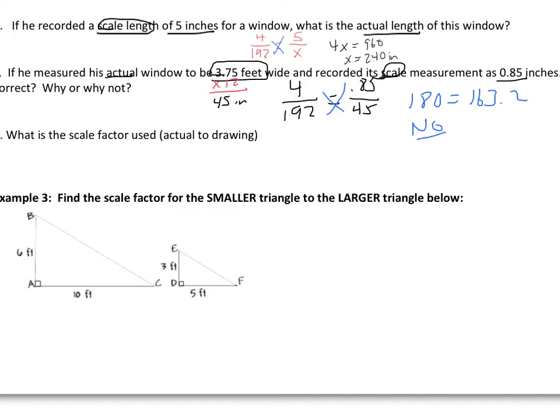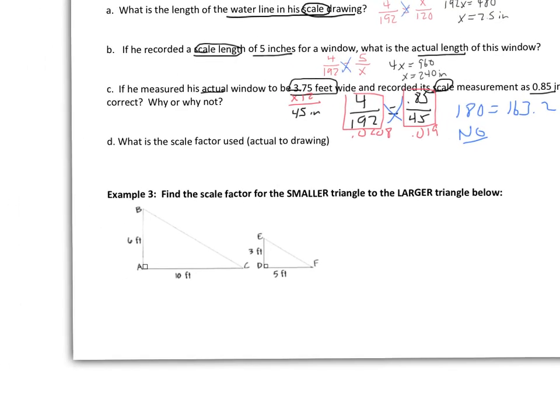Another way to check it is to just actually do the division of this ratio. And if you did that, you get 0.0208. If you do this one, when you divide the two of them, you get 0.019. They should be equal, and they're not. So that's another way to show that they are not equal.